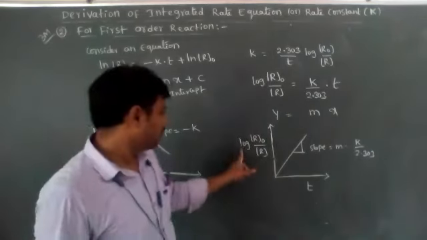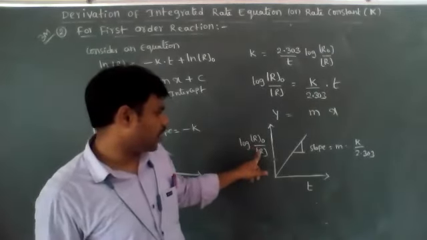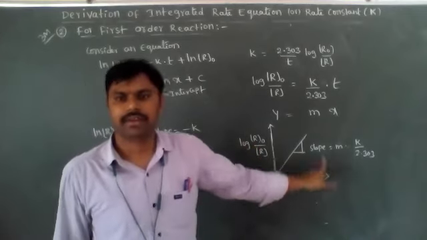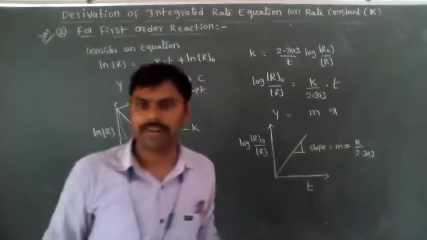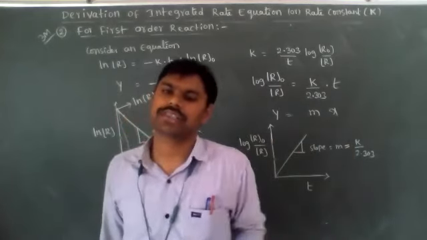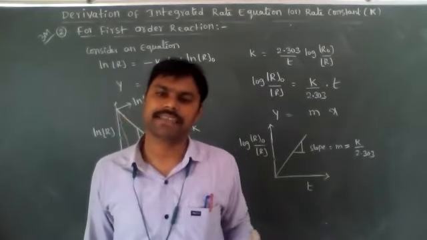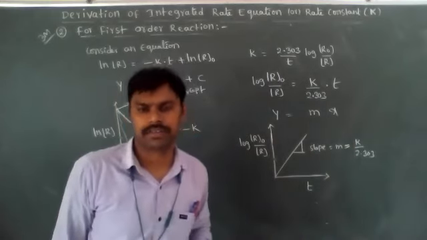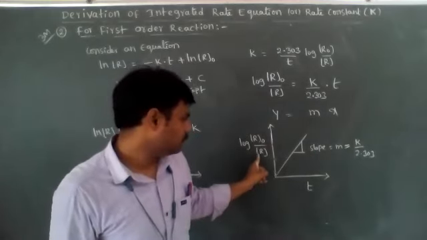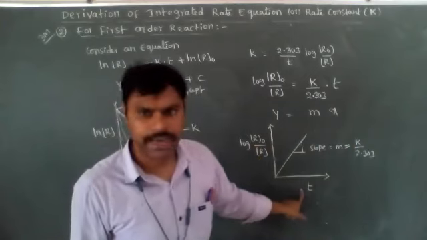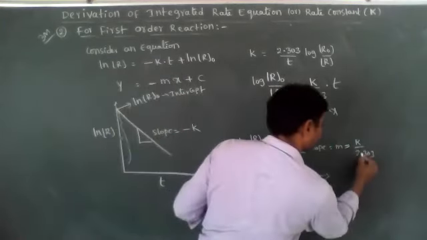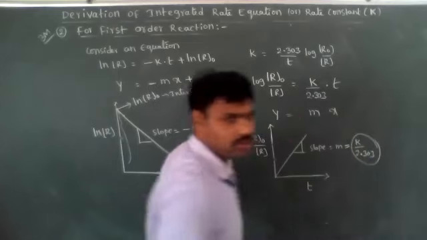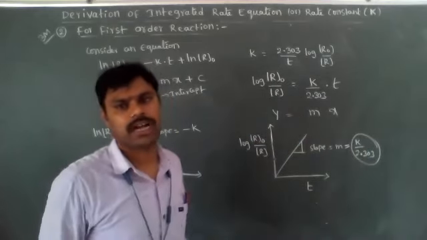Sometimes they will give the slope value and ask you to find the rate constant and the type of reaction. The slope indicates k by 2.303, so this belongs to a first order reaction, and if m is given, k equals m into 2.303. Then you get the rate constant for the first order reaction.